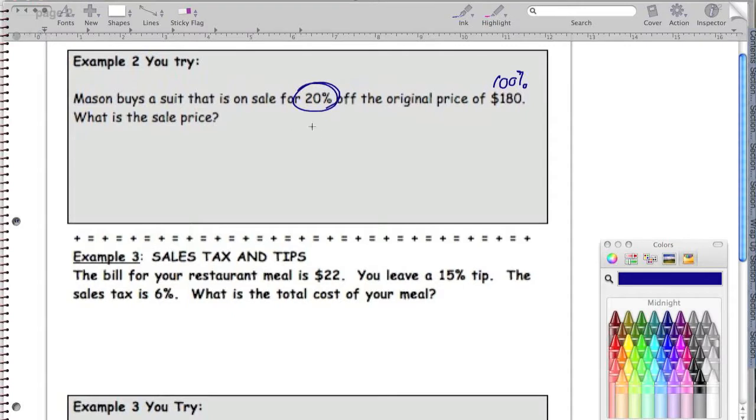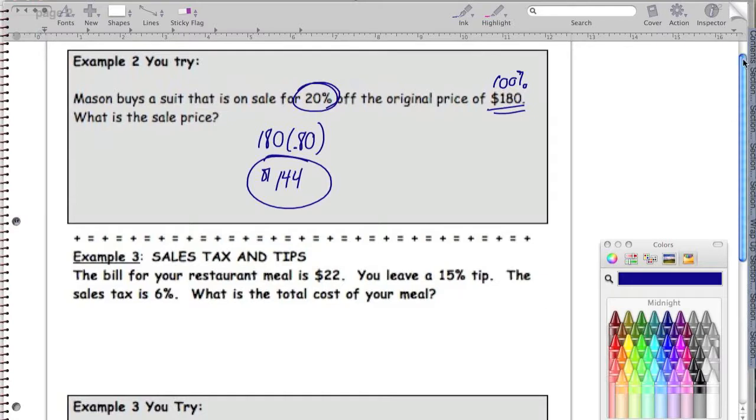So we're going to be paying 80% of the price. So 180 is how much the suit costs. We want to pay 80% of that. So that's 0.80. 180 times 80%, which is 0.8, gives me a suit fee of $144.